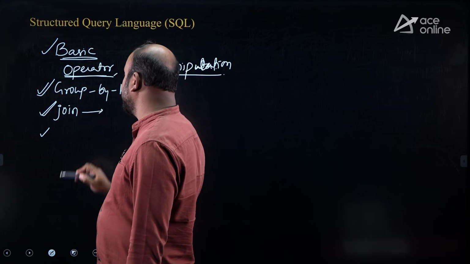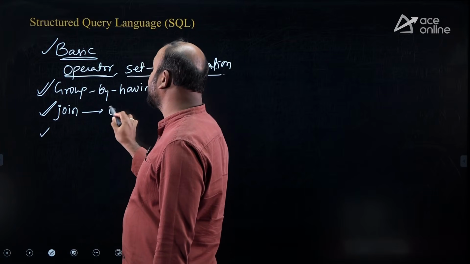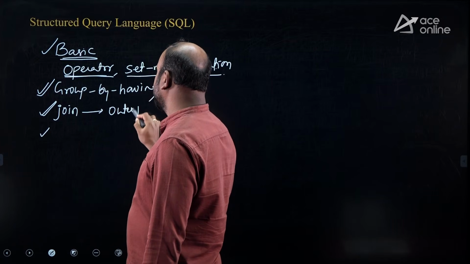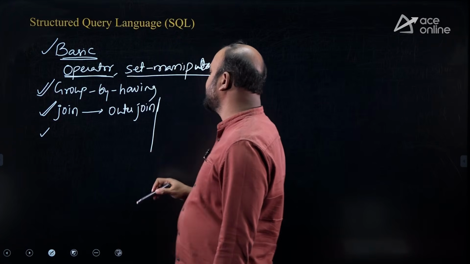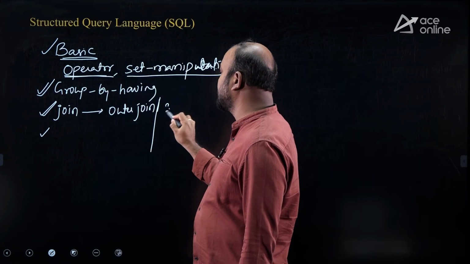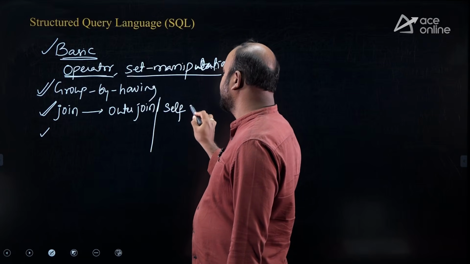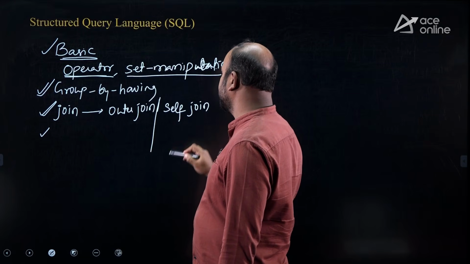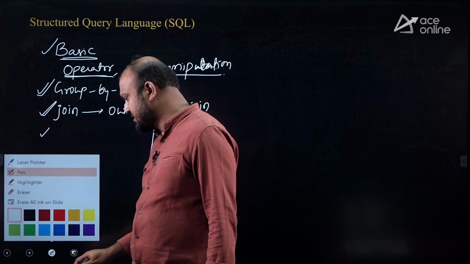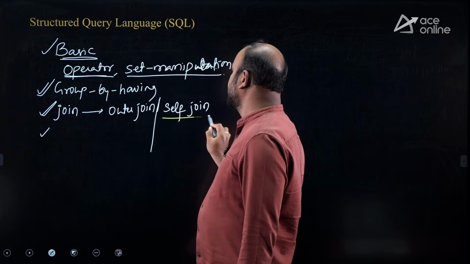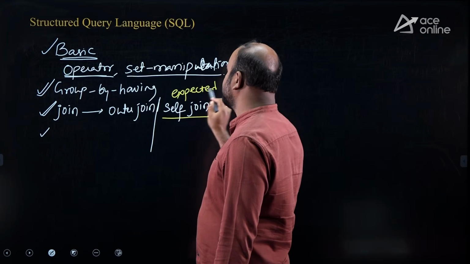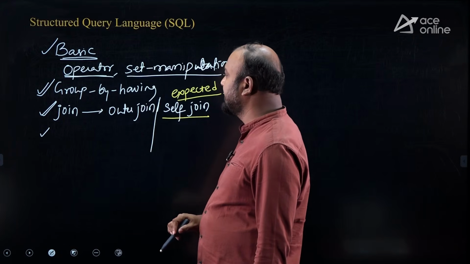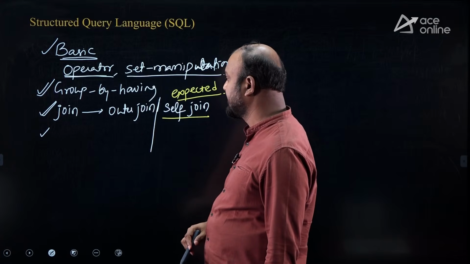More importantly, in joins we have outer join. More questions are asked on outer join and some questions on self join. But self join was not asked in the previous GATE, it is an expected topic, and outer join is important.